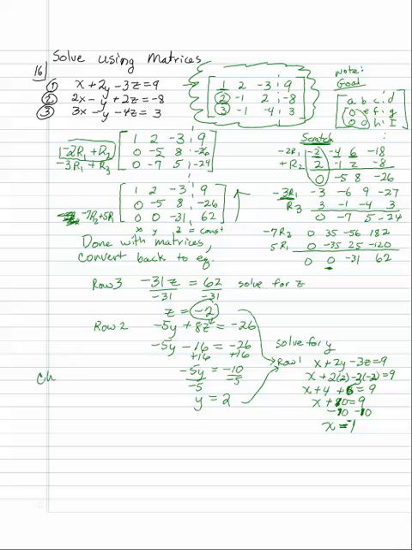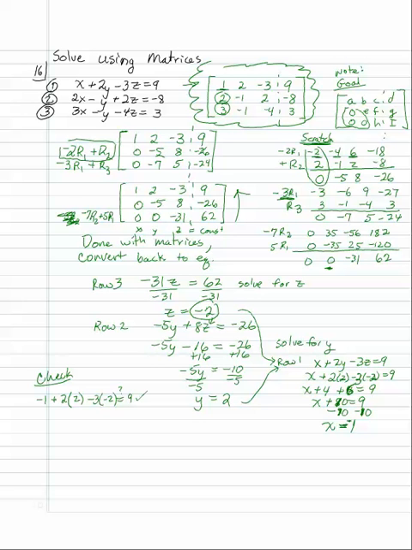I can also check it by plugging it into all three equations. Negative 1 plus 2 times 2 minus 3 times negative 2. Does that equal 9? So I got negative 1 plus 4 plus 6. That equals 9.